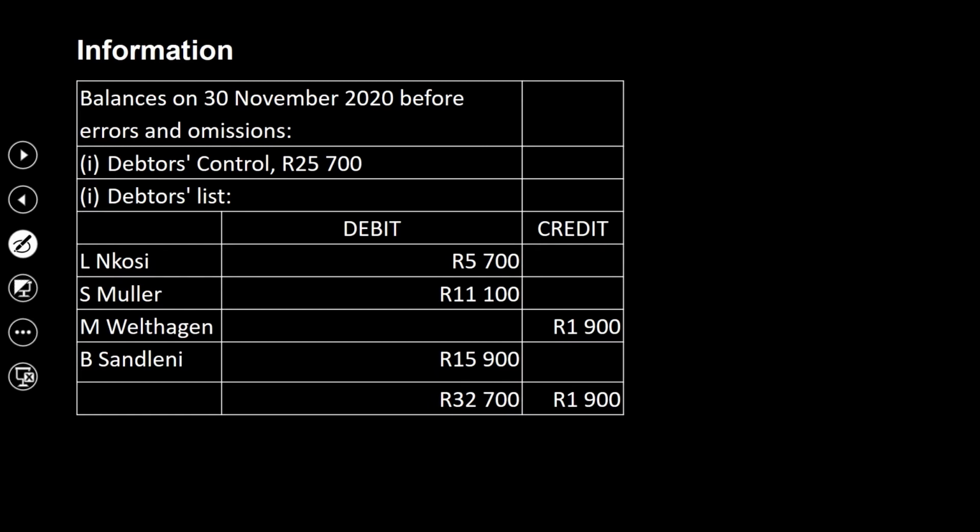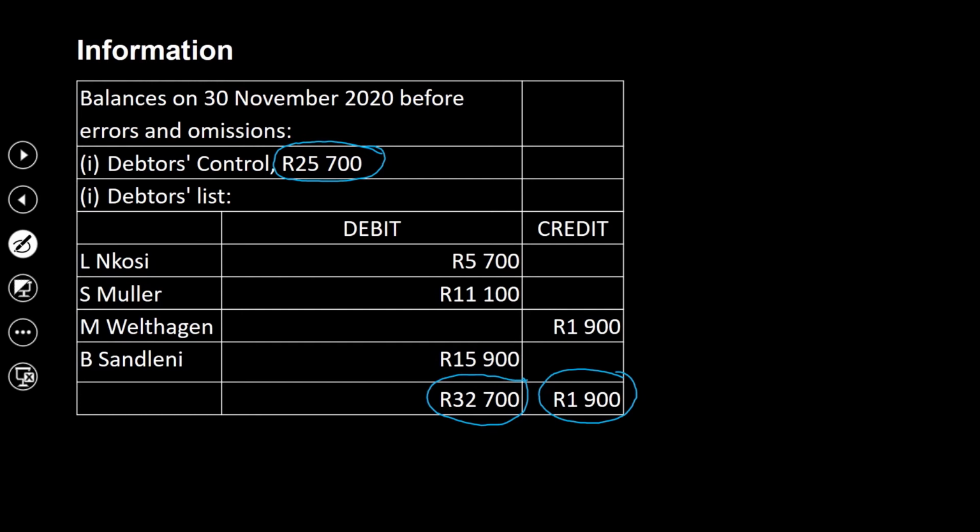What are we told? We are told that on the 30th of November, the total of your debtors control account was 25,700, right? Your debtors list, if you look at it, there's a debit of 32,700 and a credit of 1,900, right?